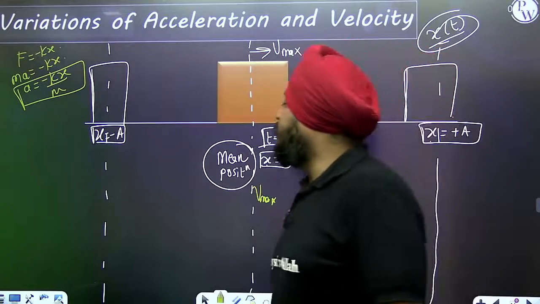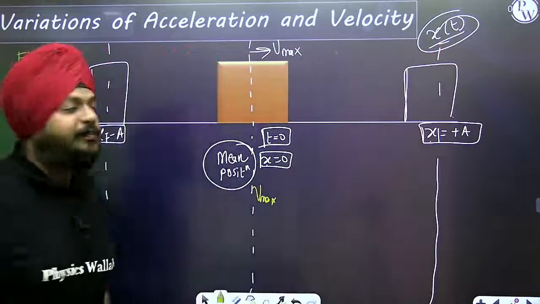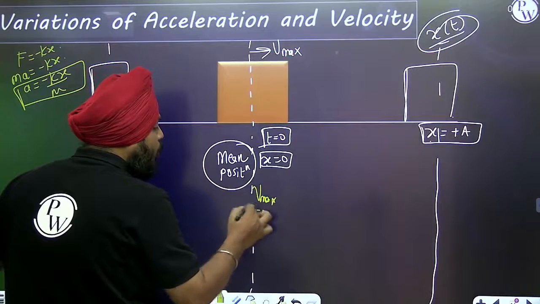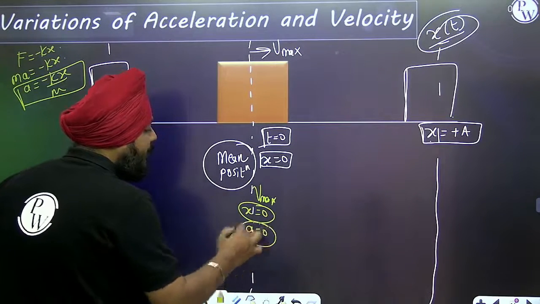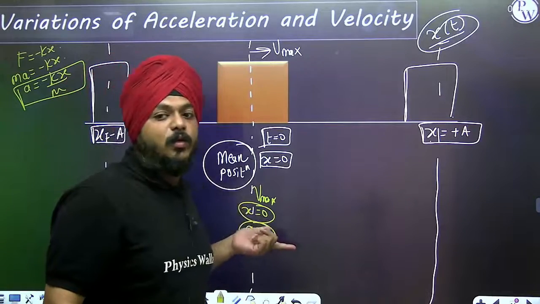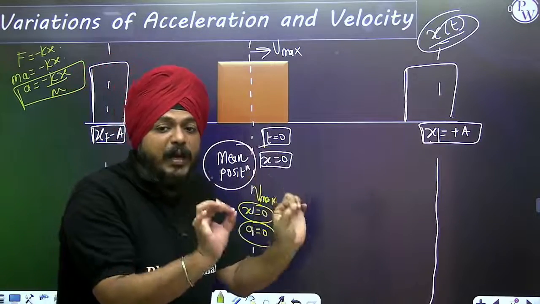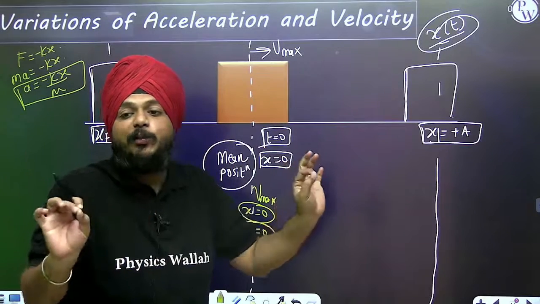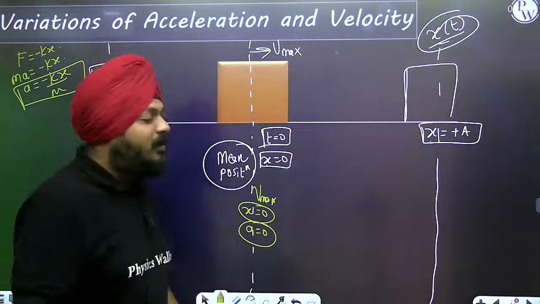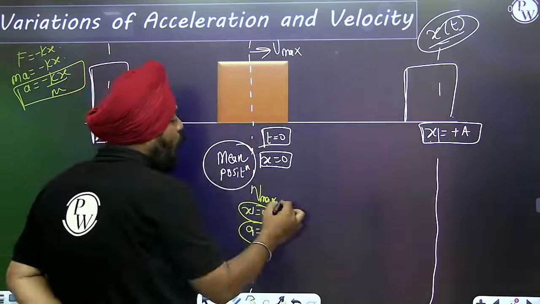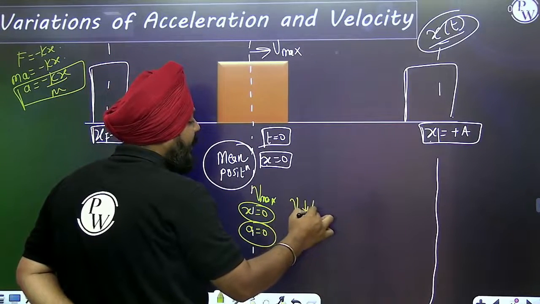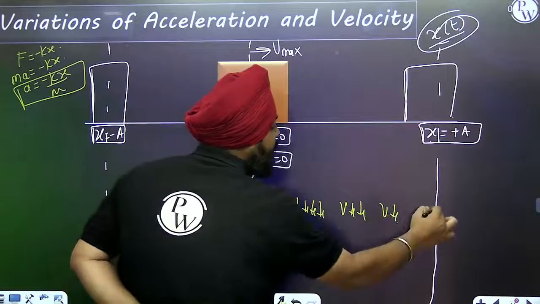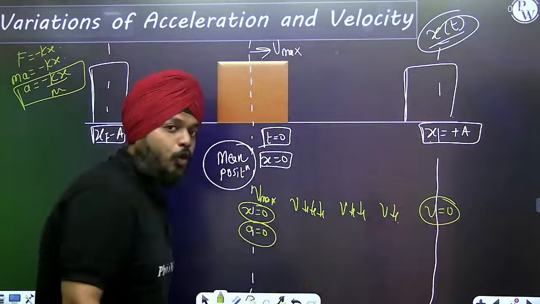So what happens here? Here velocity is maximum, but as the x value is 0, the acceleration is 0. It means at the mean position the spring is in its natural length, with no elongation and no compression. Now slowly velocity decreases. At the maximum displacement, velocity is 0.